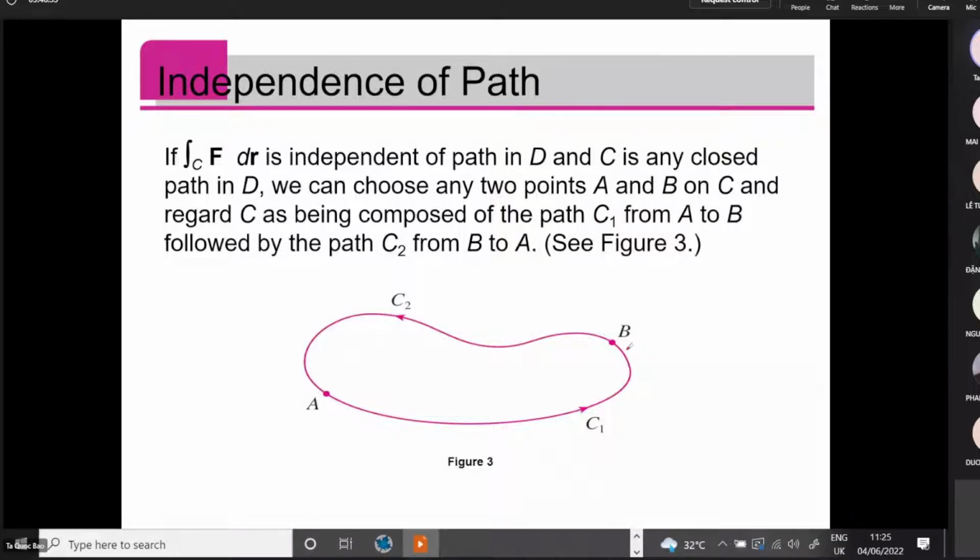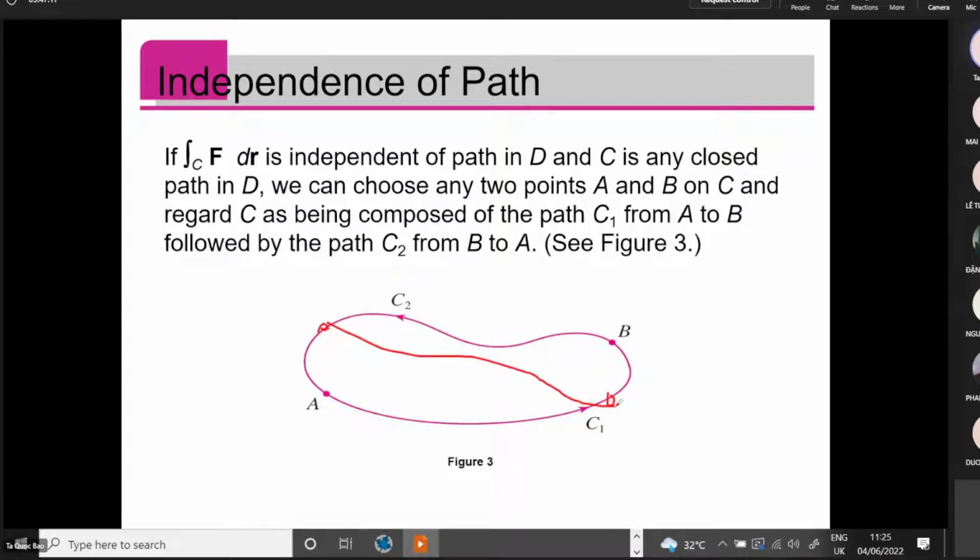Because it's independent, it does not depend on the initial and terminal points A and B. We can take A here and B here, and it doesn't matter. Understand?